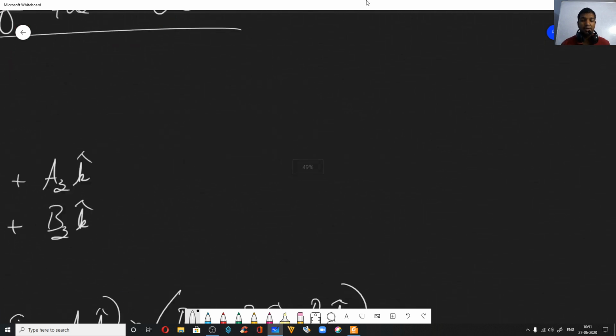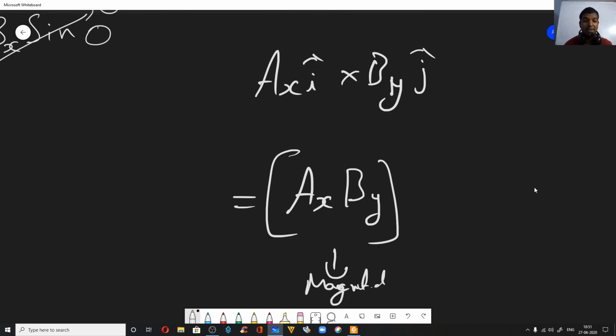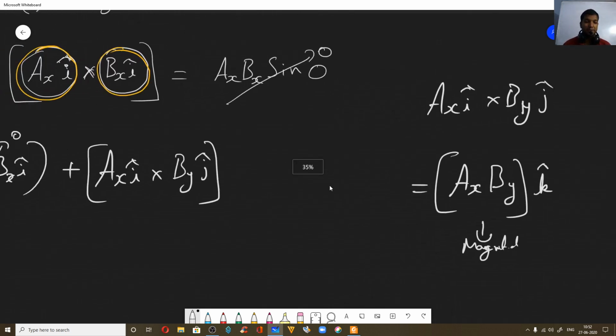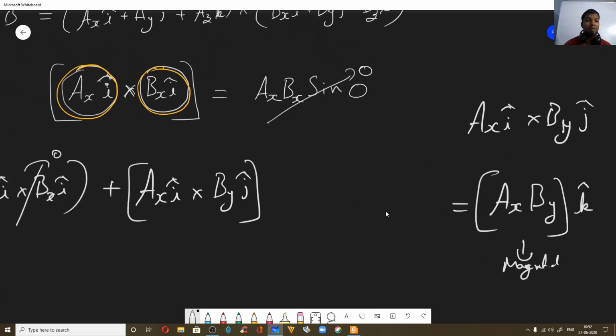So therefore the magnitude of the cross product is ax by. So this is telling you the magnitude. Fine. Now the direction, since it is along z axis, we'll associate it with k cap. We will multiply k cap, that's all. So ax by k cap. So this is what we get, right? So that is the result of this one.